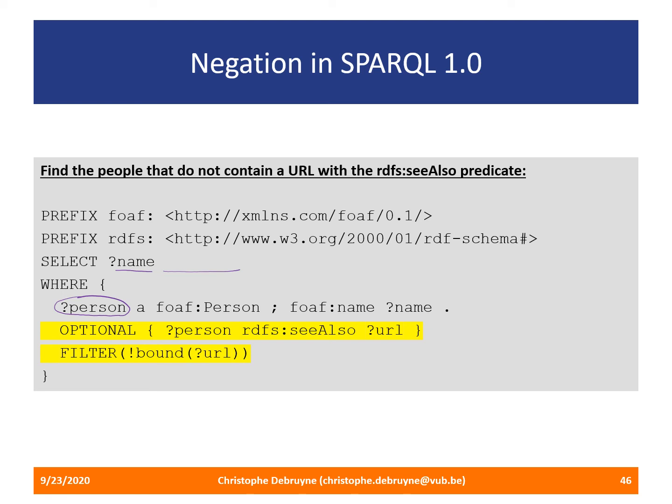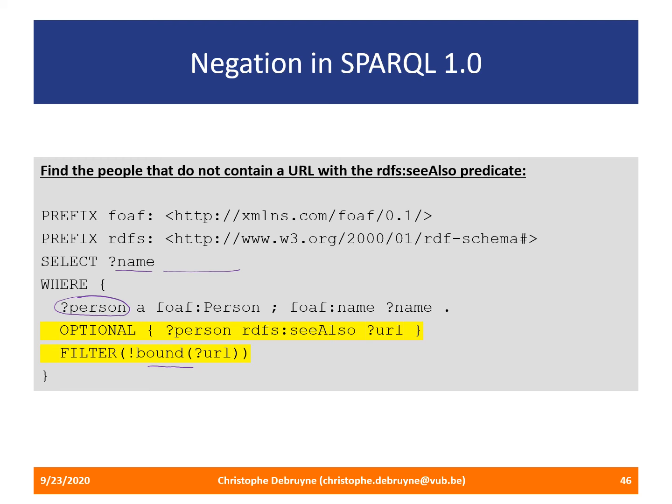Then with the optional pattern, we are looking for the rdfs:seeAlso statements of that person. And whenever such a value wouldn't exist, then that variable would be not bound. And we have a function that checks whether a variable is bound or not, and that is the bound function.